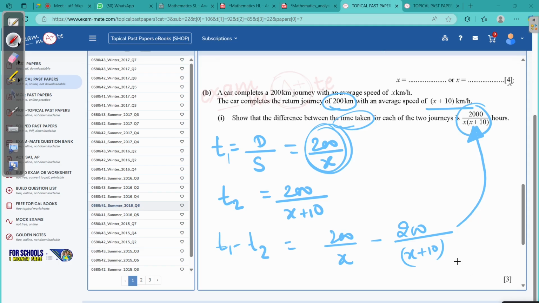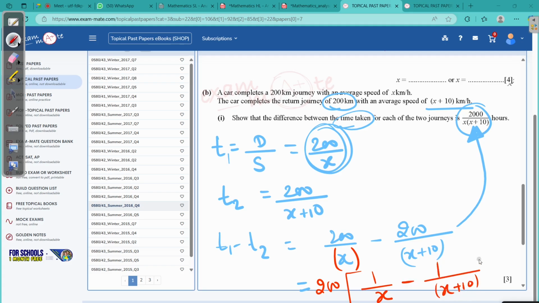How do you simplify this? See, this is the x and this is the x plus 10, so you have to make it like a fraction. 200 is common, so you can write it this way: 200 times 1 over x minus 1 over x plus 10.